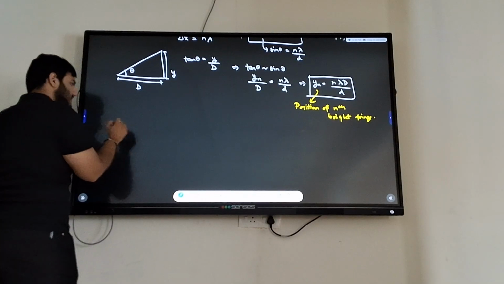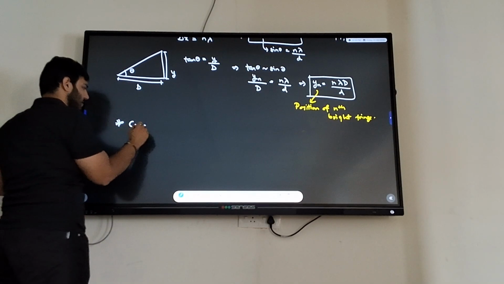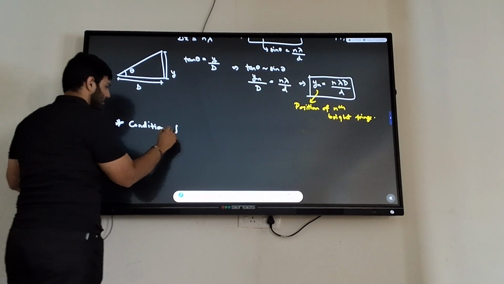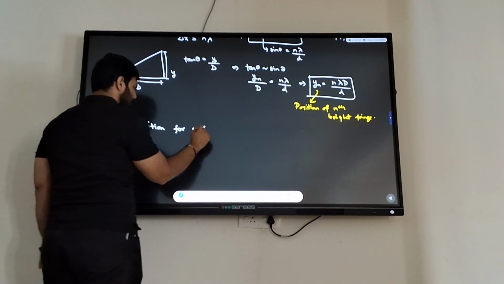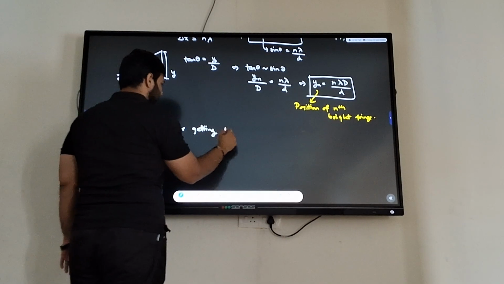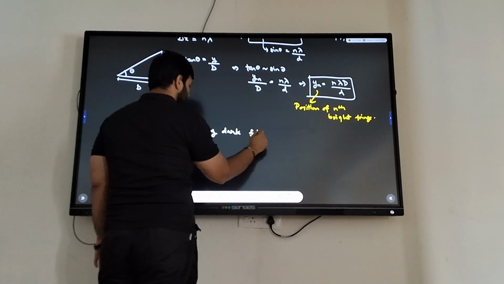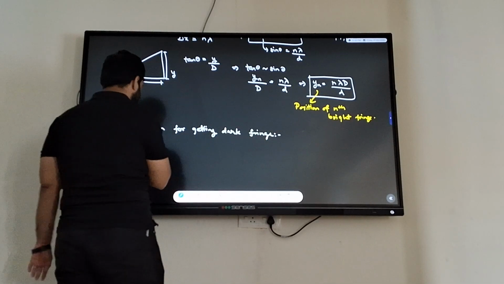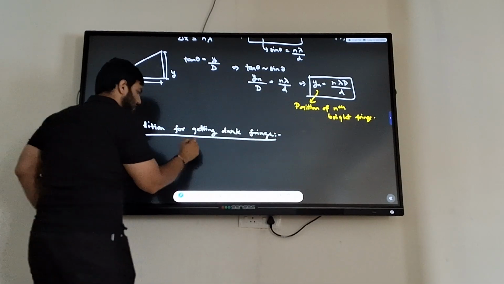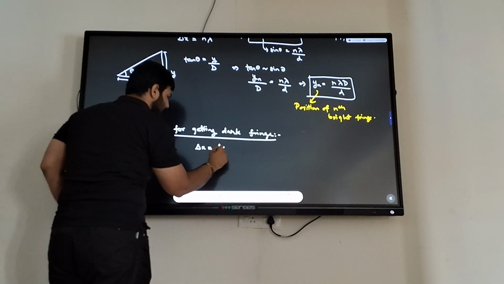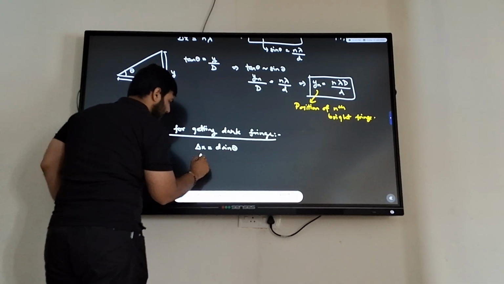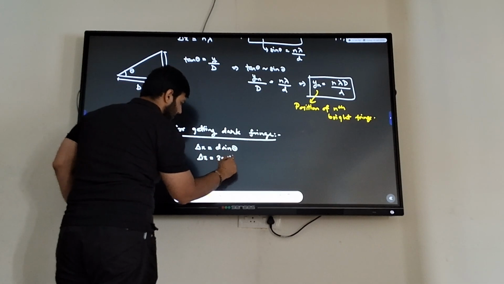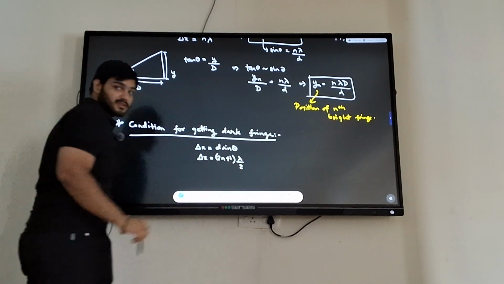So the condition for getting a dark fringe is delta x, we found it to be d sine theta, but delta x is also 2n plus 1 lambda by 2. Then what do you get?